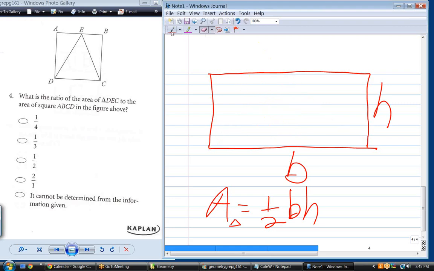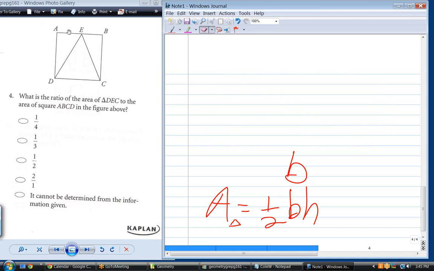And even if I draw the triangle like this, as long as that vertex is along the top, I know the area of this triangle is always 1/2 base times height. Therefore, no matter how I draw that triangle inside that rectangle, it's half of the area of the rectangle.